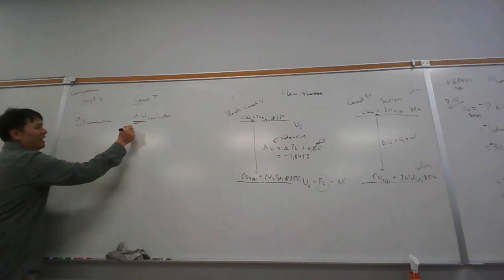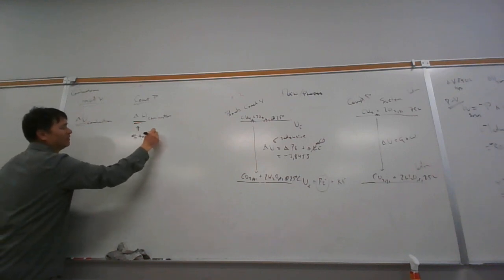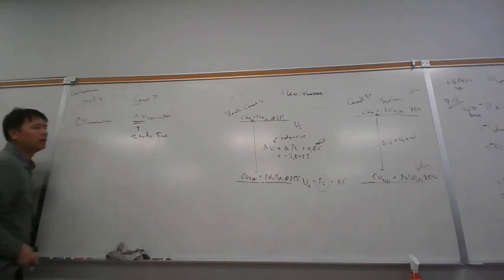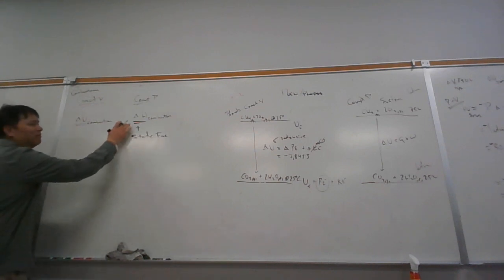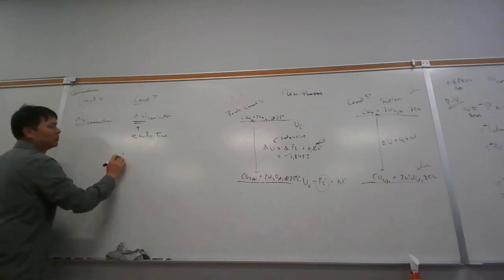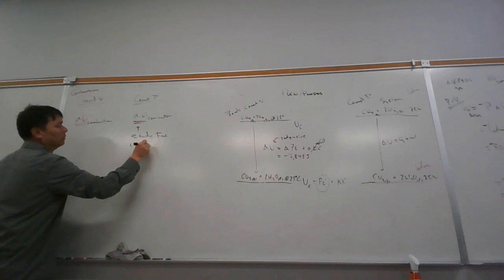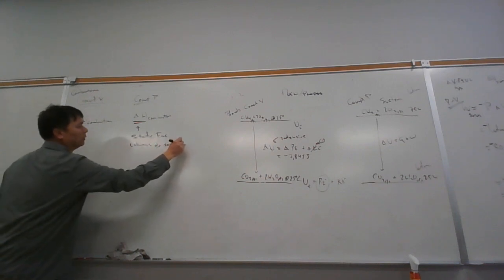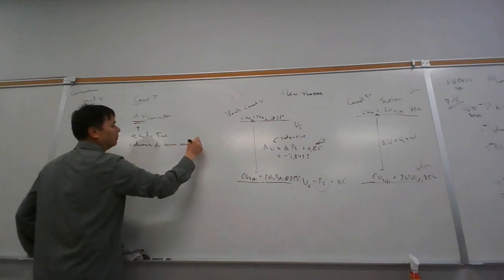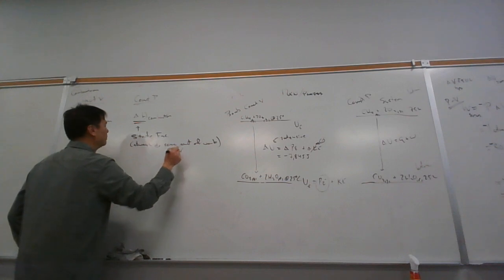Delta U and delta H are both state functions. And the way that delta H becomes a state function is we always do the same amount of work. This is PV work.